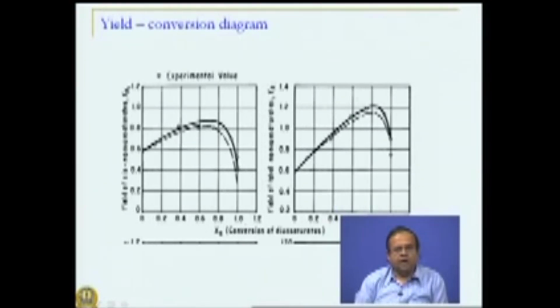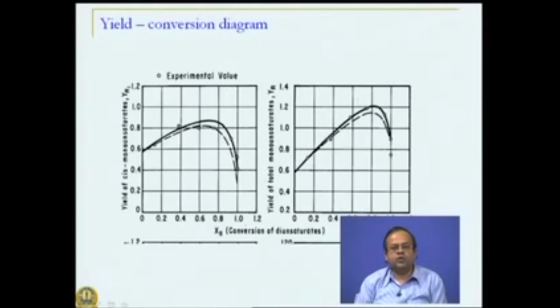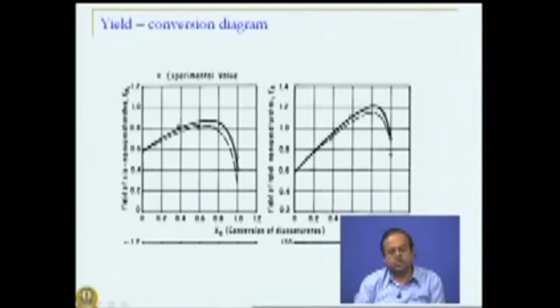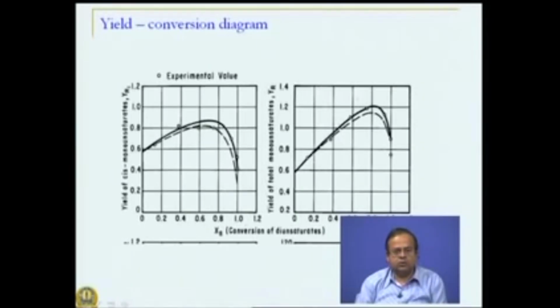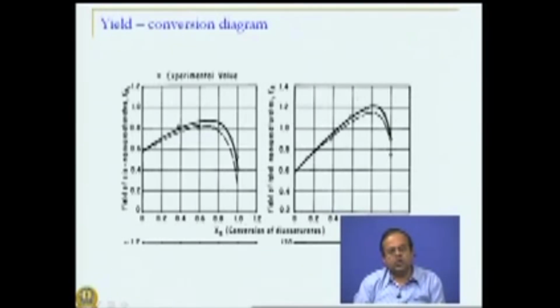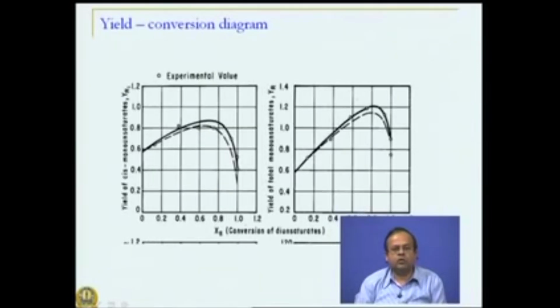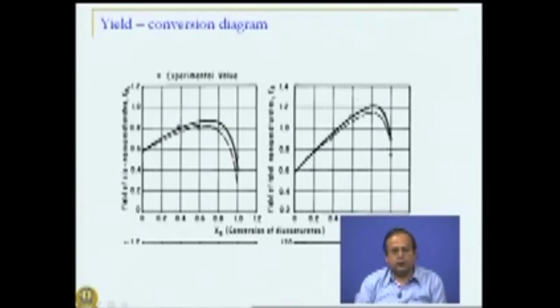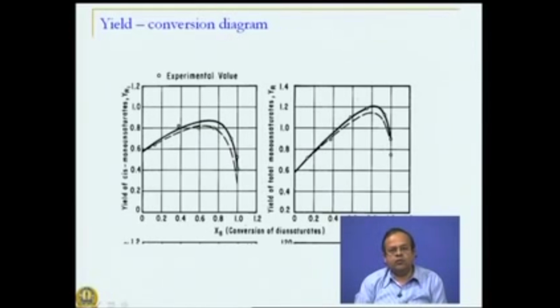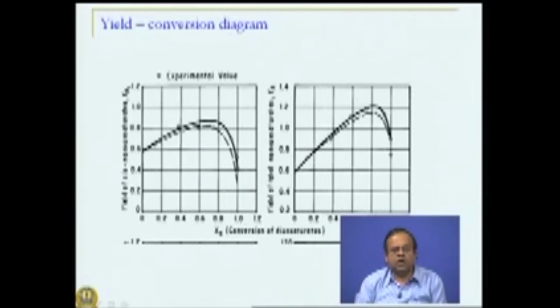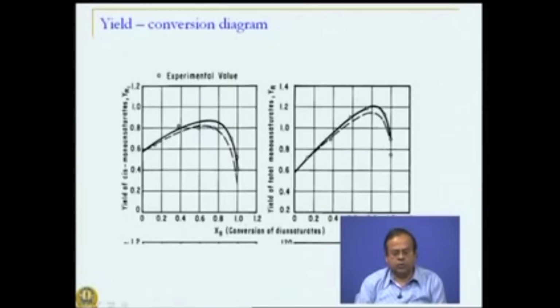Now, one may ask the question, so what if the reaction is complex? I mentioned a few examples. I will now mention the consequences of complexity of the reaction. So here are a few examples which tell us what happens if there are complex reactions encountered.